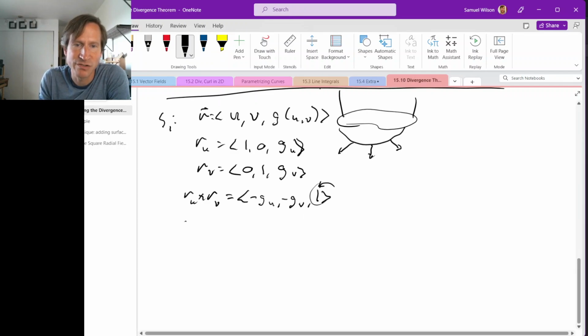In other words, the normal vector we need is r_v cross r_u, which is just going to be (g_u, g_v, minus 1).